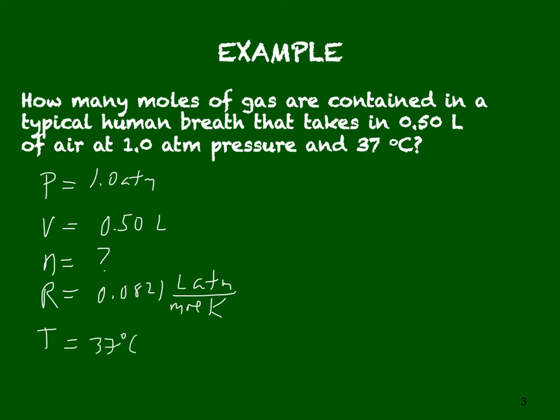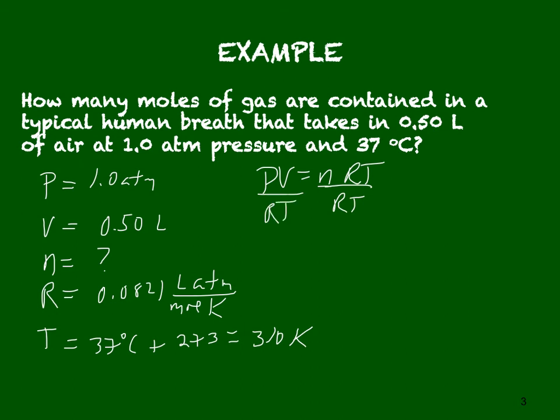But remember, anytime we have a temperature, we've got to turn it into kelvins. So add 273, and that gives us 310 Kelvin. So PV equals nRT. I want to find n, so I'm going to divide both sides by RT. So PV over RT is equal to n.